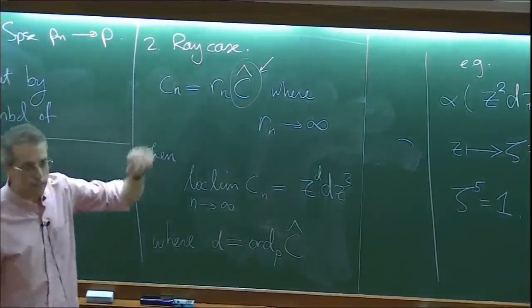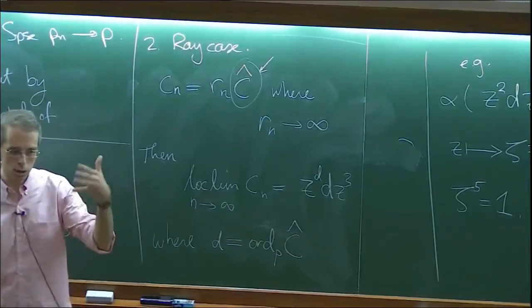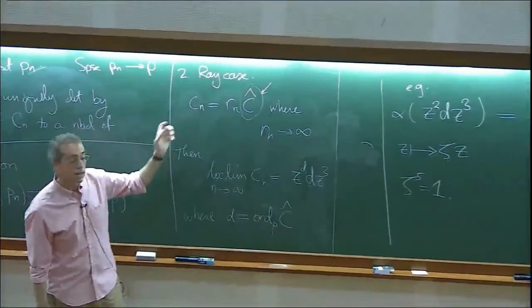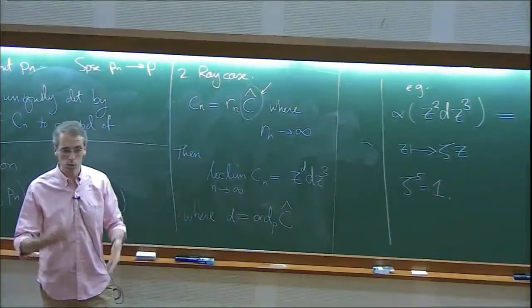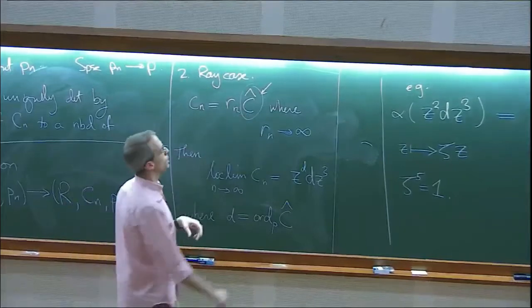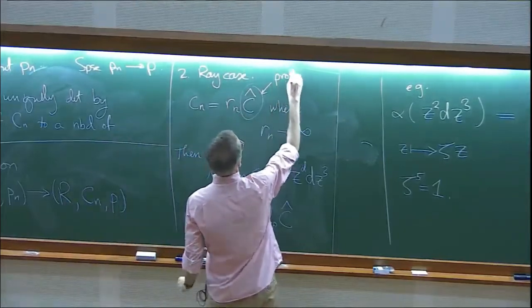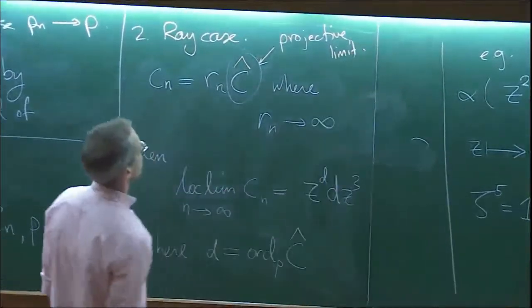This sequence of cubic differentials doesn't have any limit, right? It goes to infinity. It looks like larger and larger multiples of the fixed one. But it does have a projective limit. If you're allowing yourself to multiply by a constant in order to arrange convergence, then you could just multiply by 1 over Rn, and then C hat would be your limit. So I would call C hat the projective limit of the sequence of cubic differentials.